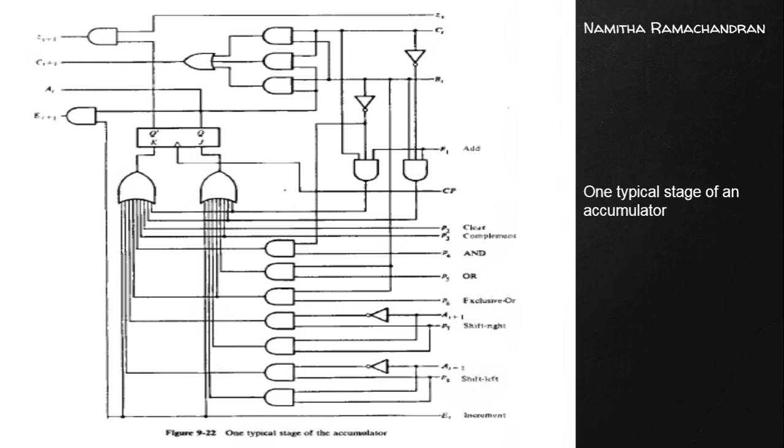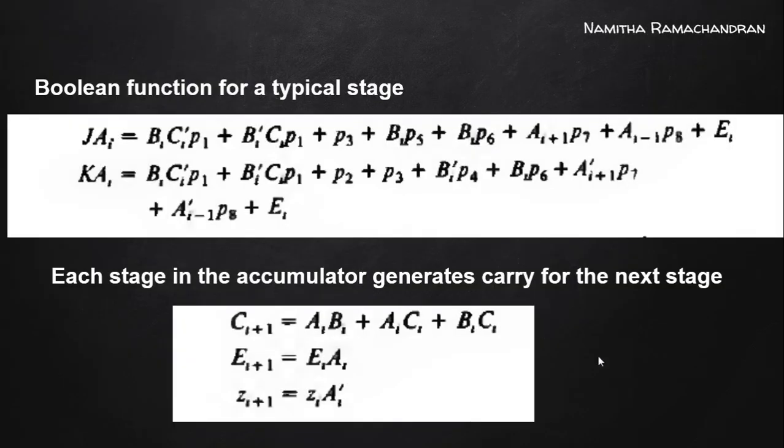Next is Ci plus 1. How to obtain this Ci plus 1, or the carry out value to the next state? This is actually Ai Bi plus Ai Ci plus Bi Ci.